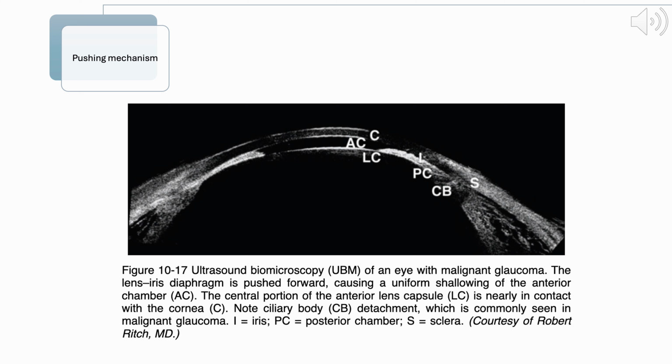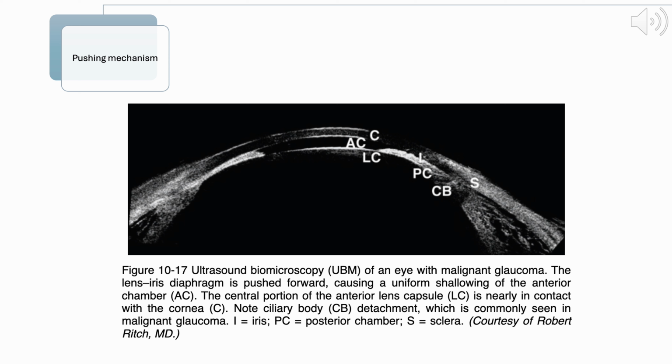This ultrasound biomicroscopy image highlights the anatomical changes seen in malignant glaucoma. You can see that the entire lens iris diaphragm is pushed forward, leading to a uniform shallowing of the anterior chamber. The central portion of the anterior lens capsule is nearly in contact with the cornea, which explains the dramatic chamber flattening seen clinically.